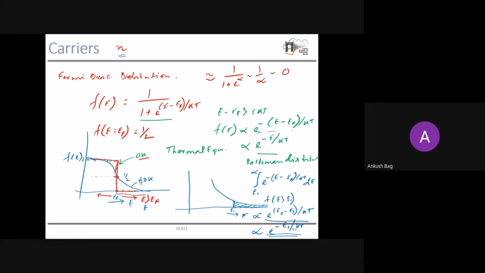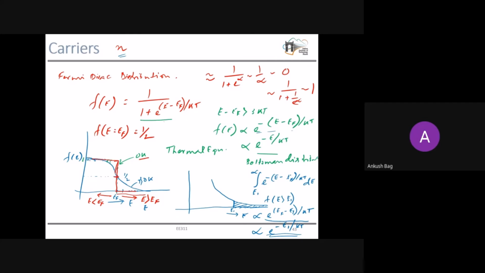Now E minus EF is negative, so the exponential term becomes e to the power negative infinity, which is 0. So you have 1 upon 1 plus 0, which is 1.